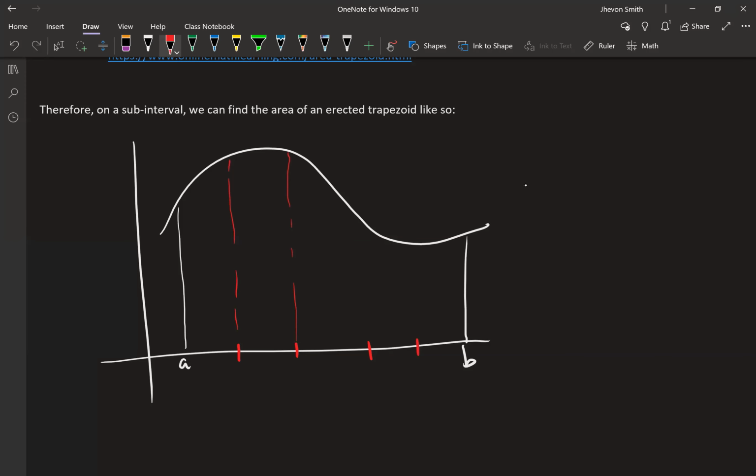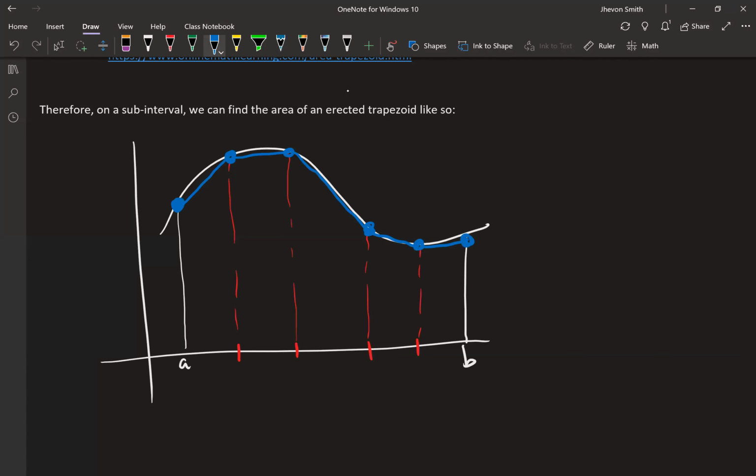We're going to use trapezoids. So how we create these trapezoids is we take where the endpoints meet the curve and connect those with a straight line, and so on for each subinterval.